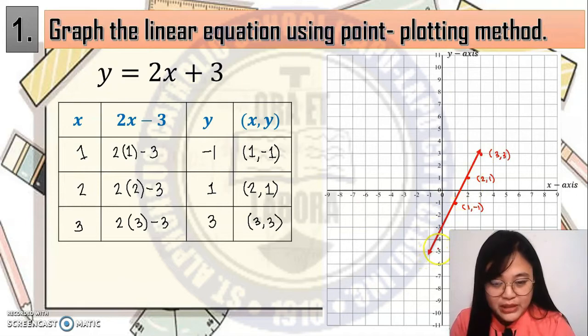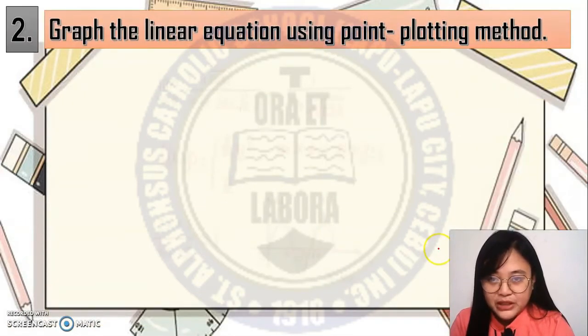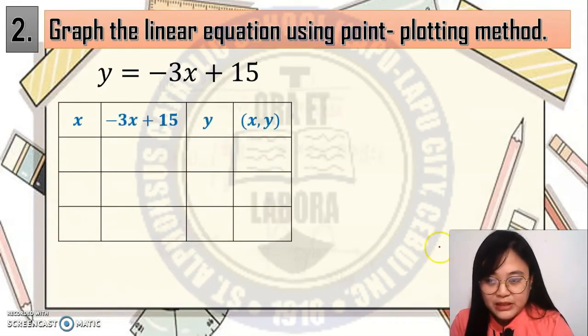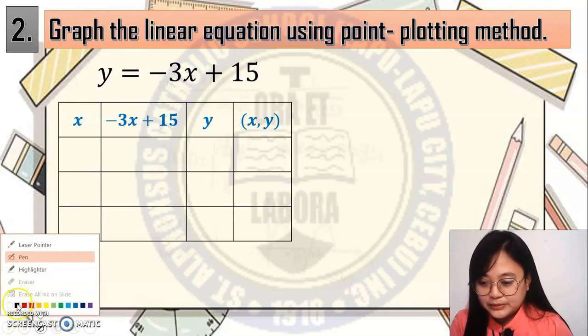Now let's proceed to example number 2. Graph the linear equation using the point plotting method. The equation is y equals negative 3x plus 15. Given the table, I will give you a free will, class, to choose what value of x you want to choose in this part.